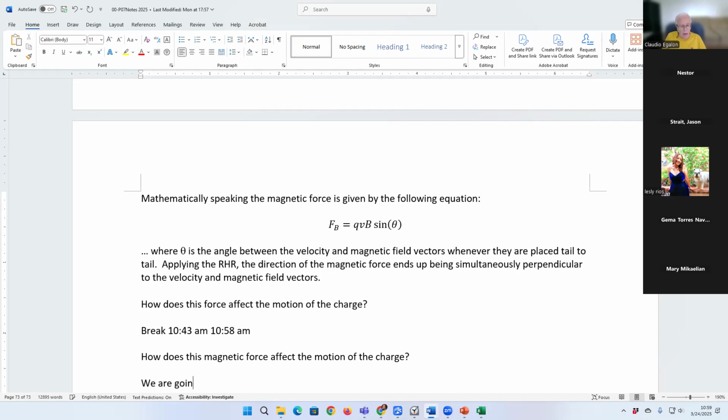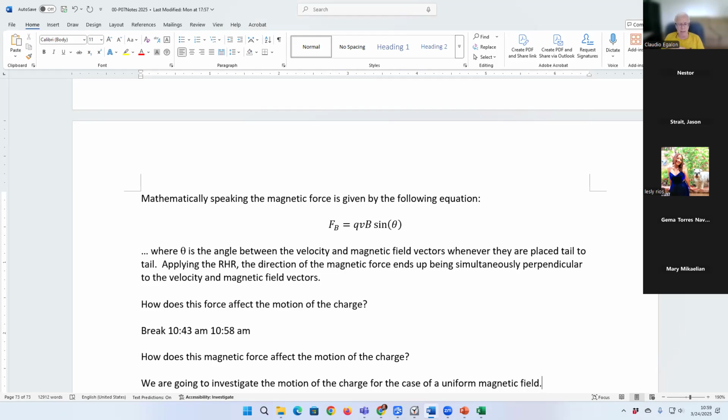We are going to investigate the motion of the charge for the case of a uniform magnetic field. Uniform magnetic field is easier to treat. If the magnetic field changes in magnitude and direction, then it becomes more difficult to analyze the motion of the charge.